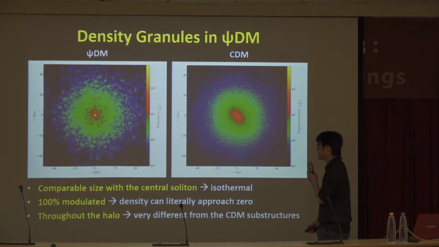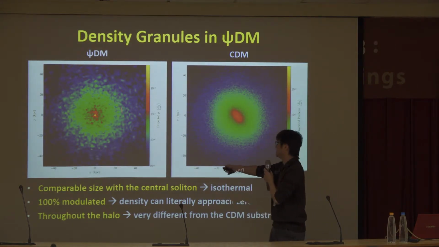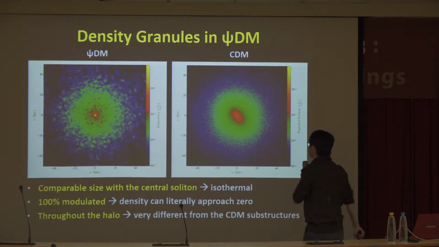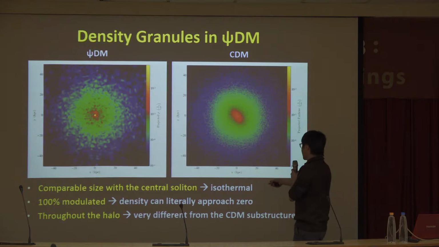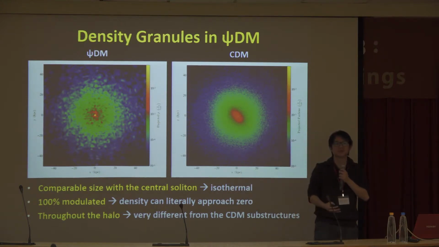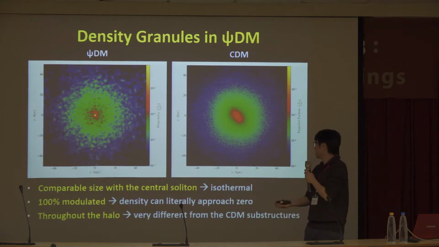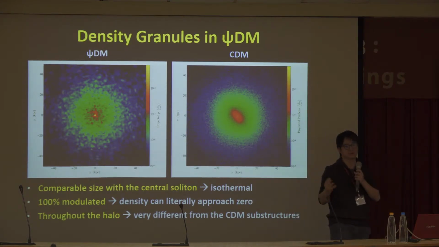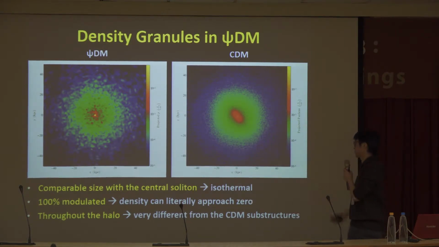So we have pinned down several unique properties of these density perturbations. First, they have a size comparable with the central soliton, suggesting that they are also isothermal. Like in the talk of Professor Yu about self-interaction, he mentioned that in the central region it was thermalized. So it's very similar to that case.